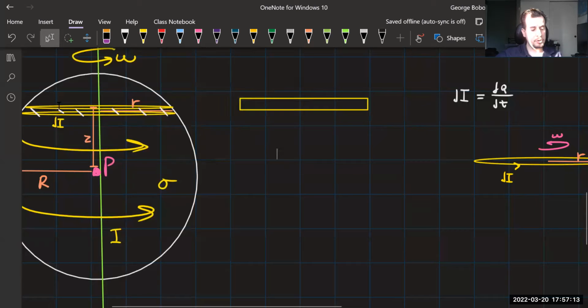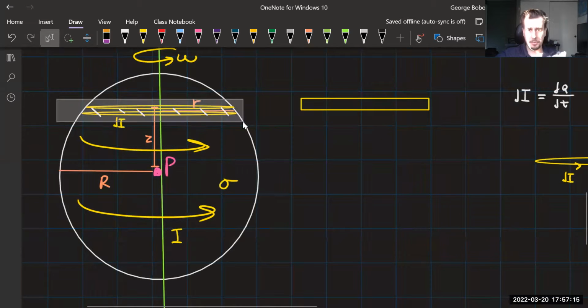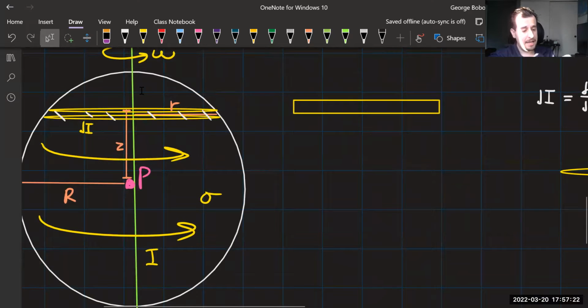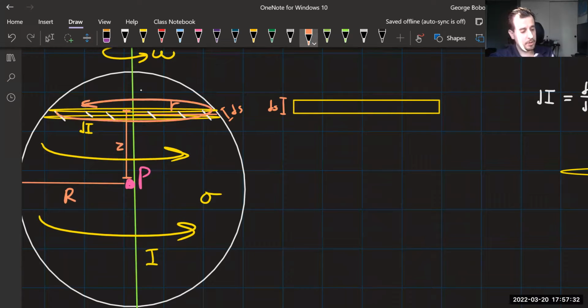If I take a pair of scissors and cut this little rubber band, remember the rubber band technique? I get a rectangle, and that rectangle has a size ds, and then the circumference of those rings, so 2 pi r.